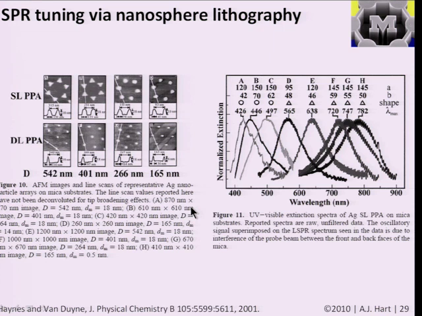And right here, the lines represent where they took an AFM tip, an atomic force microscope, to scan the profile. This is the technique they use to measure the height of the particle and the spacing of the particles. But you can see that what they did here is they tried a whole bunch of different conditions based on their expertise in this lithography process. And this paper talks about the scaling and talks about their ability to tune it over a wide range. But this is really kind of mastery of this technique.